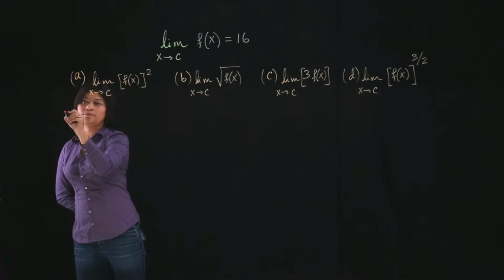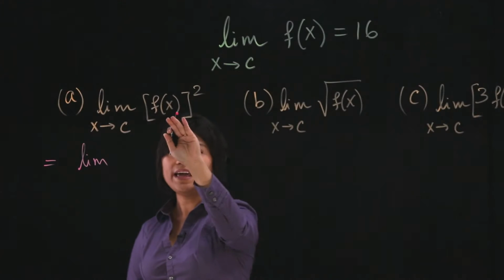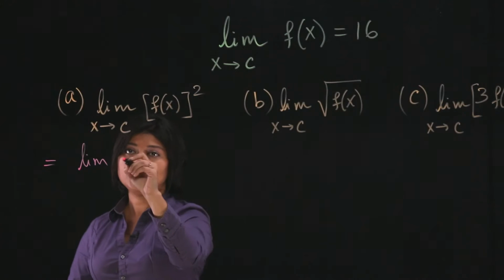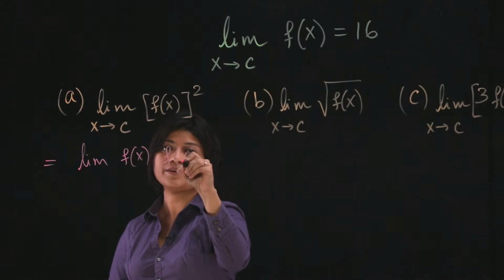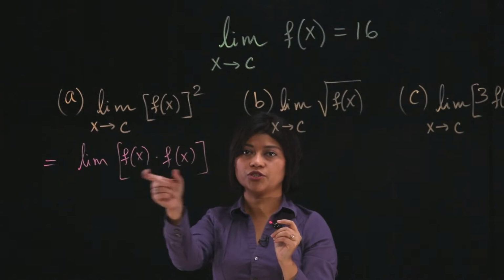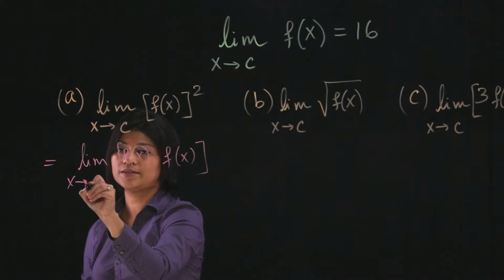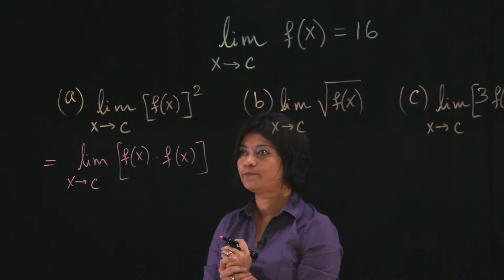So for the first one, notice that the limit of f(x) squared just means that we have f(x) times f(x). So we have a product of two functions whose limit we have to evaluate, and both functions are the same. Both functions are f.